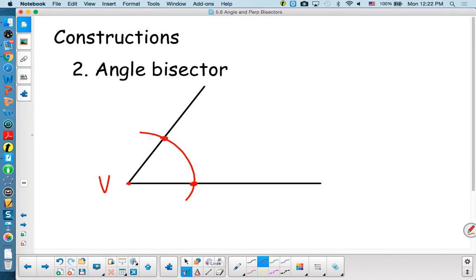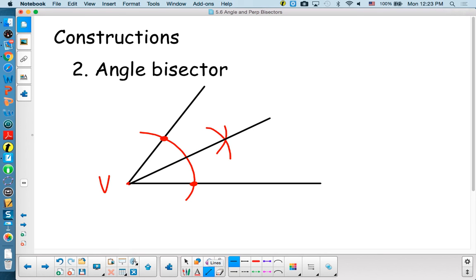From those 2 intersection points, come out and make the same arc from each. Now when you connect the vertex through that X, that should be bisecting your angle. After you get done with the construction, grab your protractor and measure to see how accurate you were.